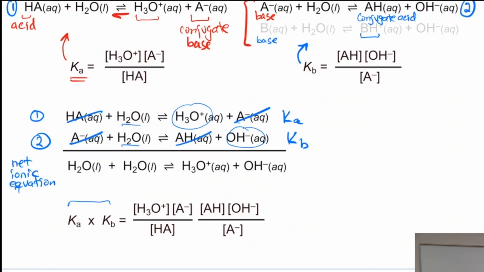So here I'm doing it. I just took the Ka from there and the Kb from there, and multiplied them. A minus cancels with A minus, HA cancels with HA, and what we're left with is the concentration of hydronium ion times the concentration of hydroxide ion. This is what happens when we do acid-base chemistry.